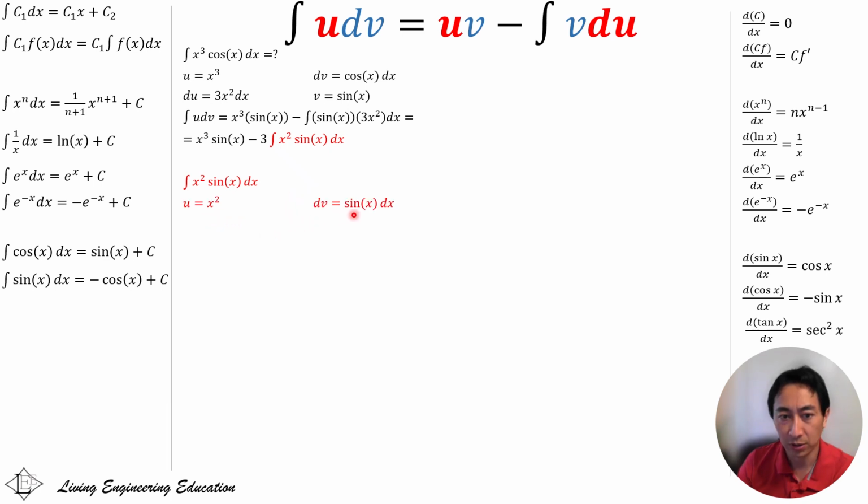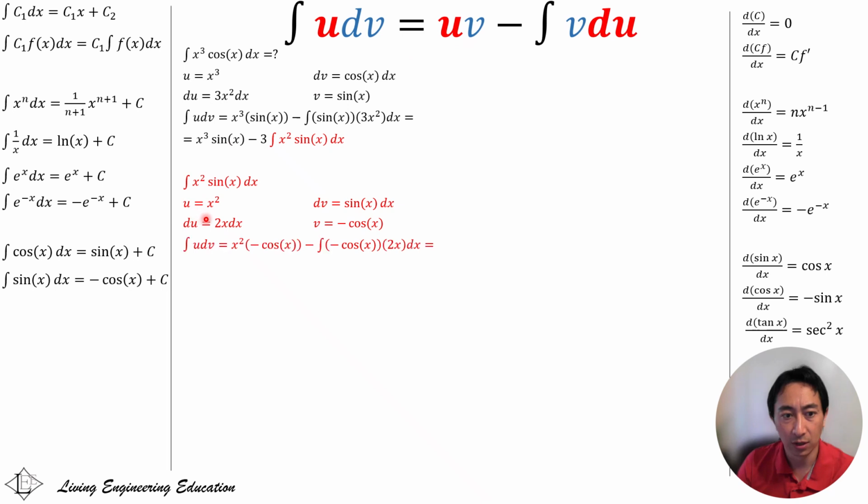So x squared sine x dx. Solve for du, which would just be the derivative of this, right? 2x dx, and then integrate sine x dx. So integrate that, I get negative cosine x. So I got du is 2x dx, v is negative cosine x. Okay, and now we just plug it back into this equation.